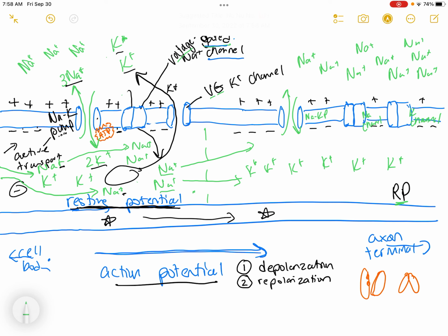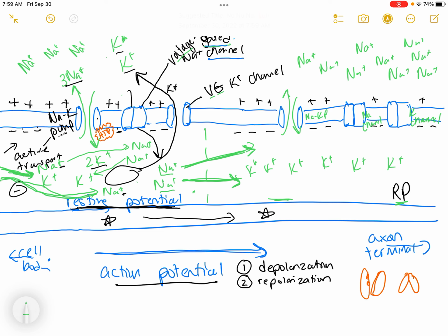And in fact, some of them can float in the other direction too. But the other direction just went through an action potential, while this segment over here has not. And so these sodium ions moving over now explain where the sodium ions in this segment came from. They came from the segment before going through an action potential.